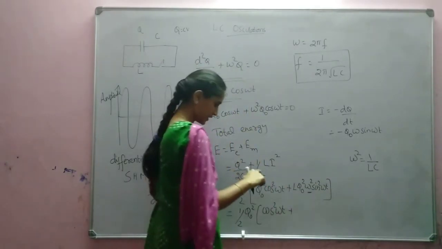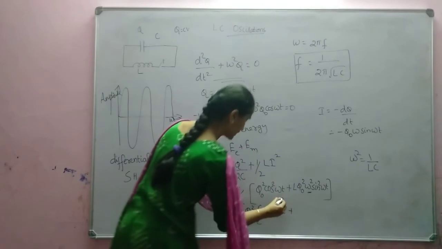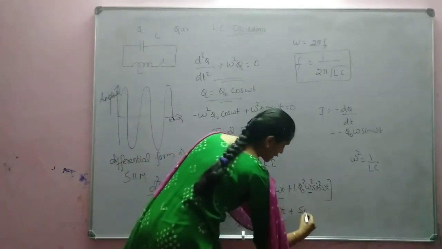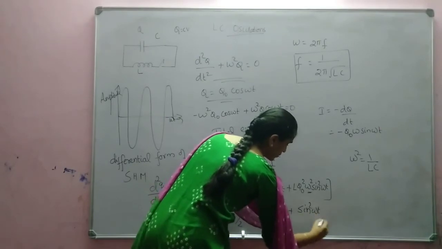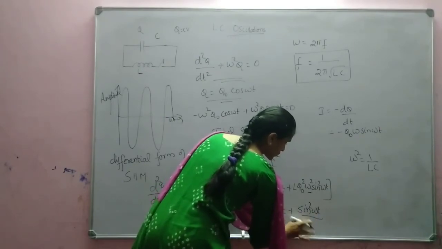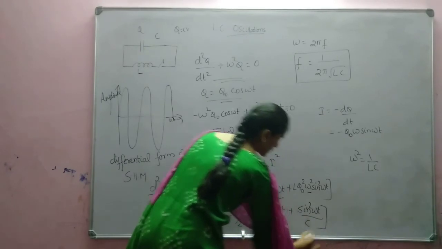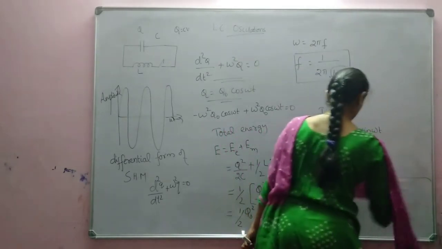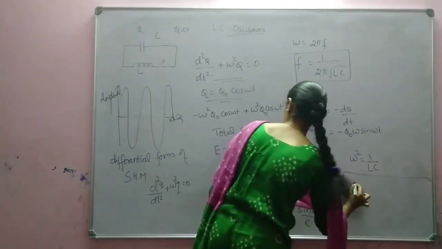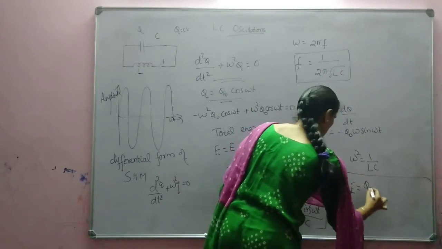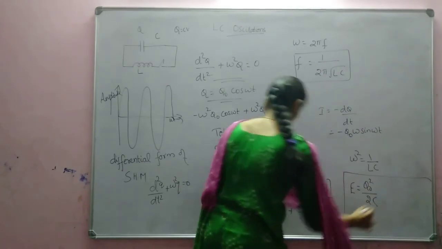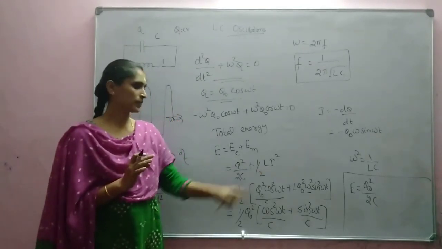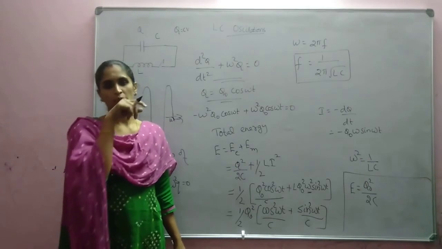L will get cancelled, so here also by C is there, and here also sin square omega t by C. So total energy is equal to q0 square by 2C times cos square omega t plus sin square omega t, which is equal to 1. So the maximum total energy is given by q0 square by 2C.